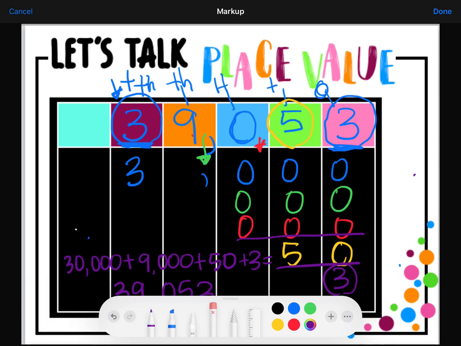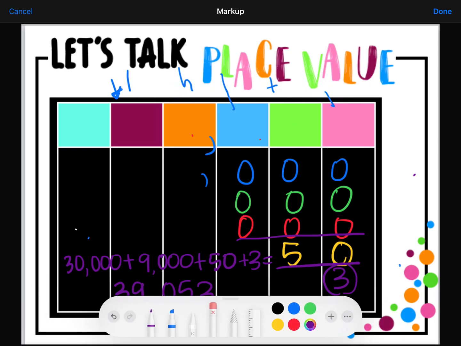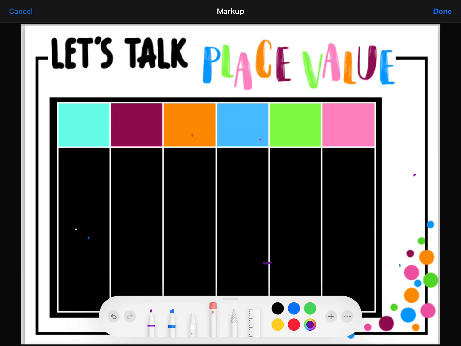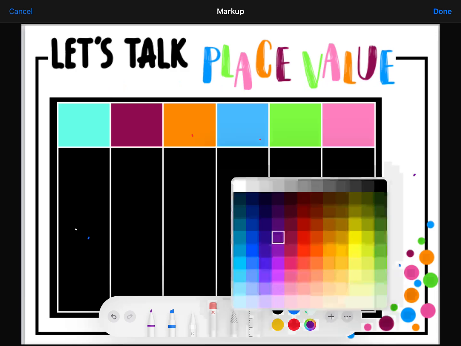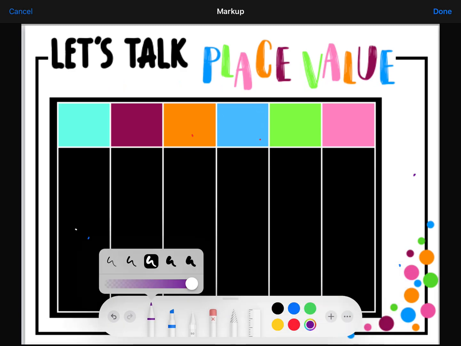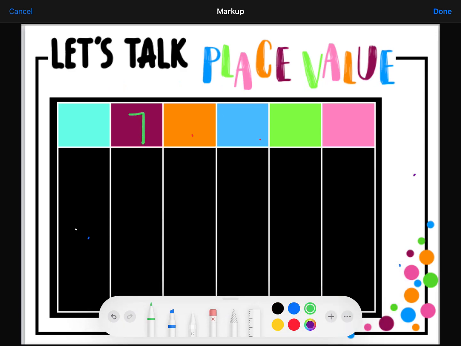Now let's see if you can try one on your piece of paper. So you would draw your place value chart, which is 5 lines and a line on top, so like a house. All right. And then you can draw your line, and let's label this number 79,431.